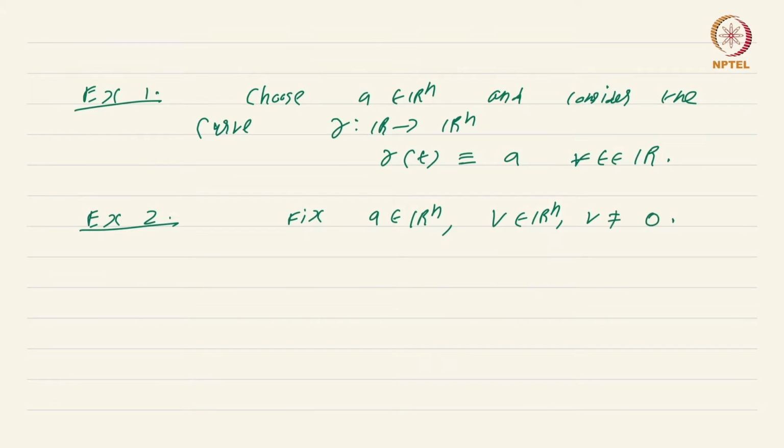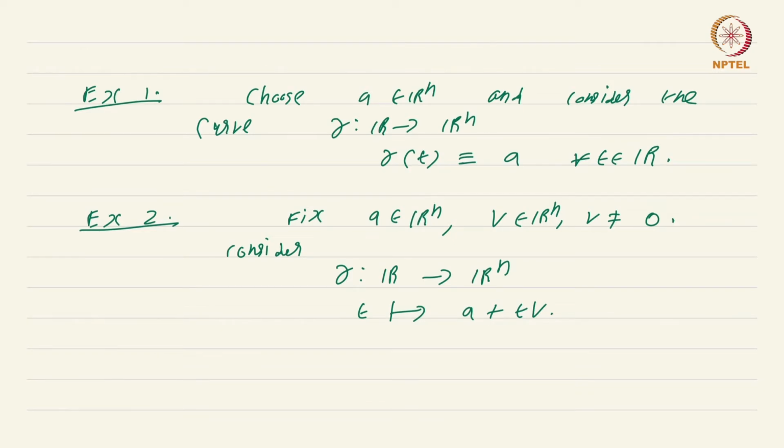Okay, and consider gamma from R to Rn given by t goes to a plus tv. As you can visualize, this just traces out the line passing through the point a in the direction v. Because I want this example to be genuinely different from the first example, I have insisted that v is not 0. That's the reason.